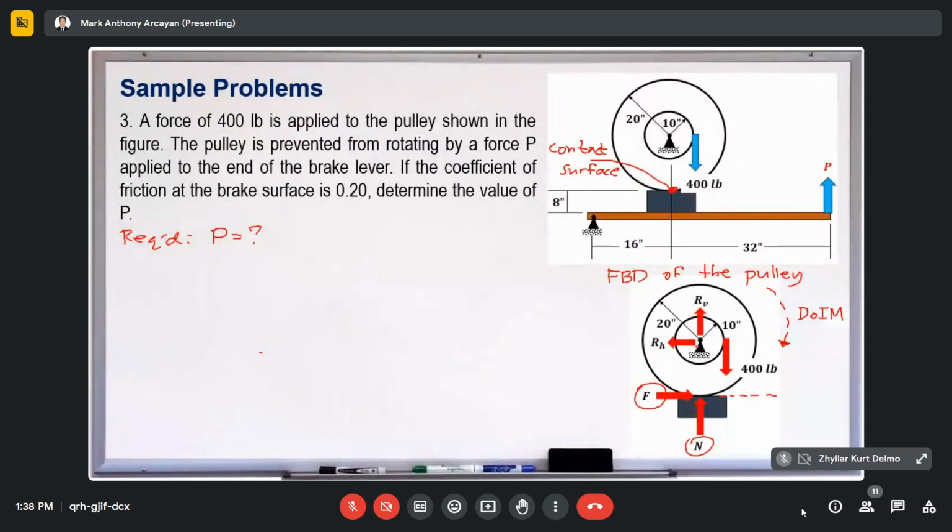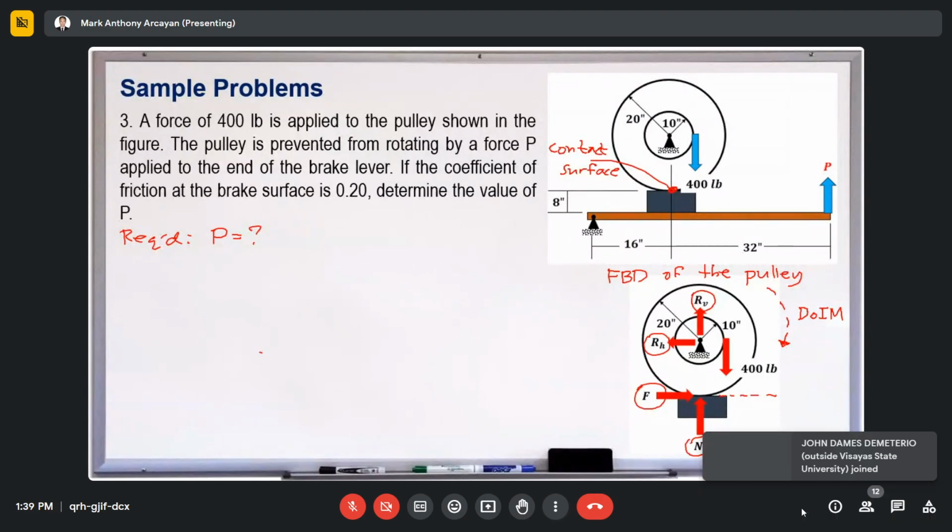So what are the reactions there? In the figure, it is a pinned connection, so we have two reactions: R sub V for the vertical reaction and R sub H for the horizontal reaction. It's obvious that the horizontal reaction is towards the left, since it counteracts the frictional force towards the right.